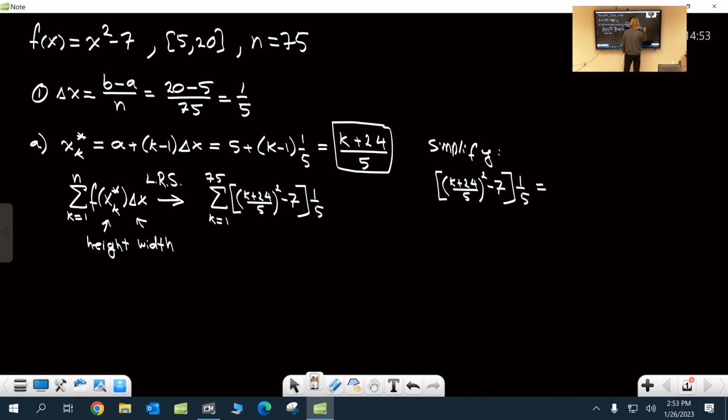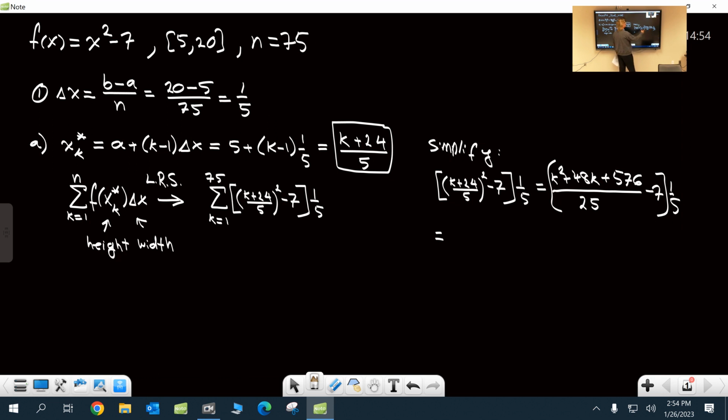We are going to multiply the top out, which is k squared plus 24 times k times 2, which is 48k, plus 576, all over 5 squared, which is 25, minus 7, multiplied by 1/5.